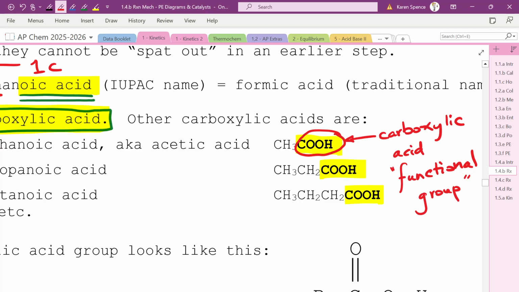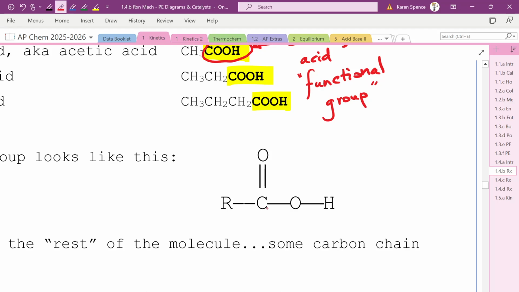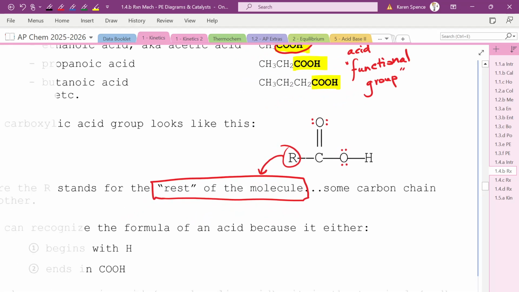OH. OH is the alcohol functional group. Functional groups are just something other than carbon and hydrogen that gets slapped onto organic compounds. And in reality, it looks like this, where you have a C with a double bond O and a bond to an O and an H. And this R stands for the rest of the molecule. At least that's what I say it stands for. I don't think anyone else in the world says that, but that's what I say it stands for.